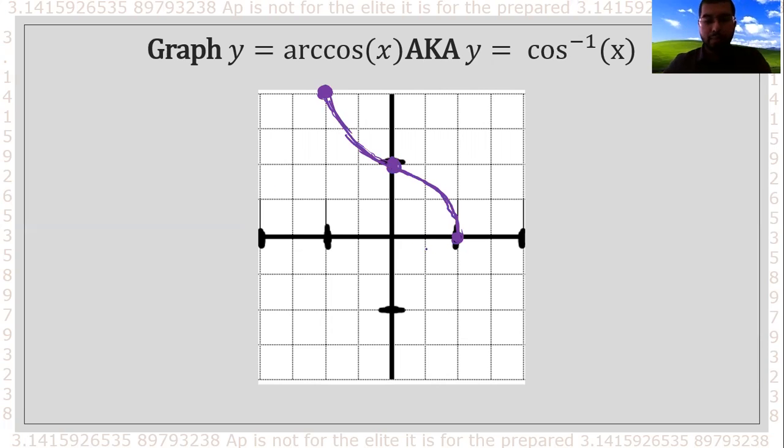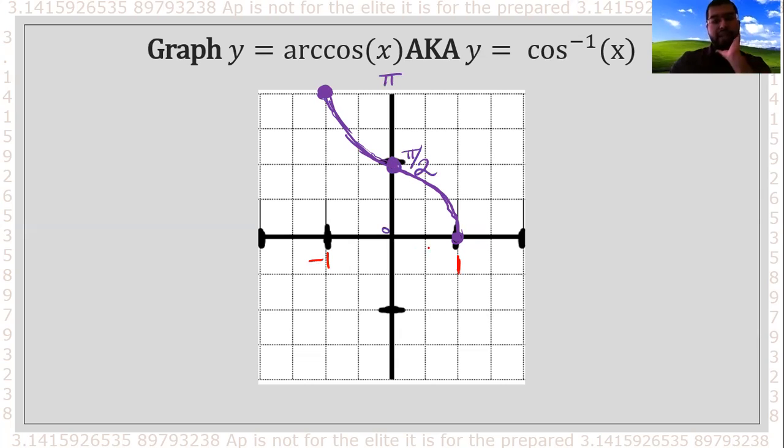Now we limited it on its domain, so its range is going to be from 0 in height to its max height of pi. Therefore, when it passes right here at the y-intercept, that is pi over 2. And if we consider the coordinates that came from that, those were -1 and 1.